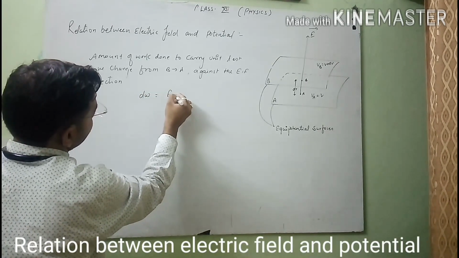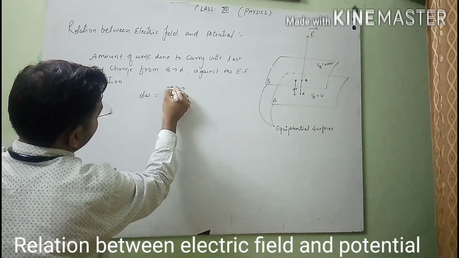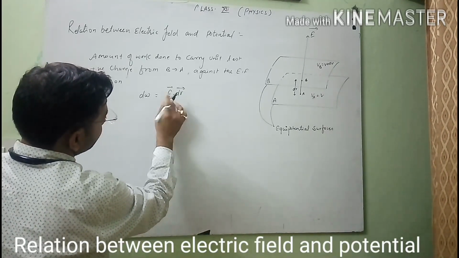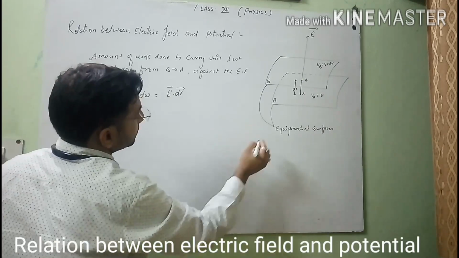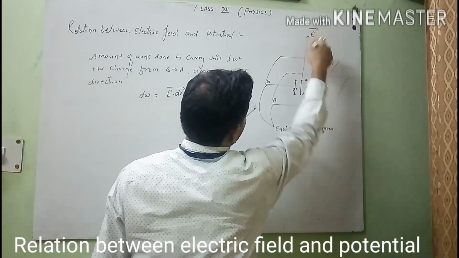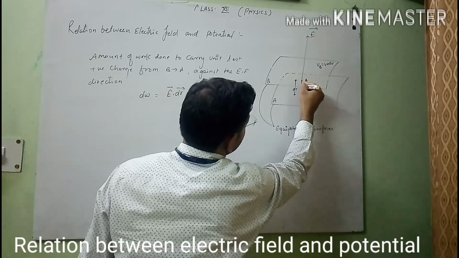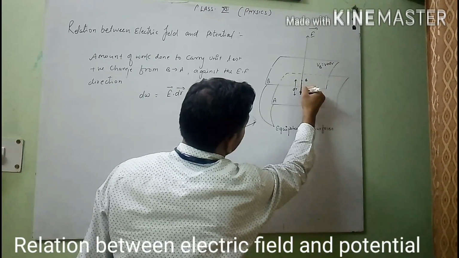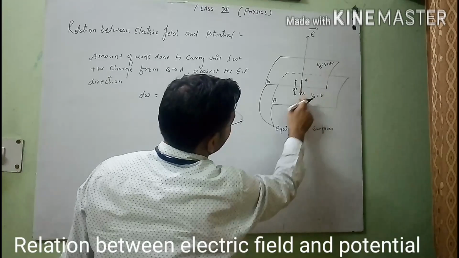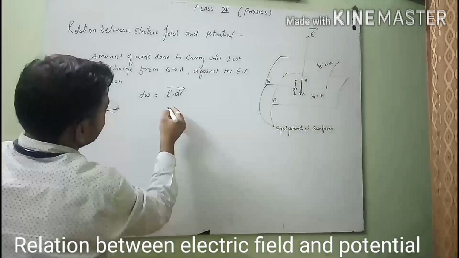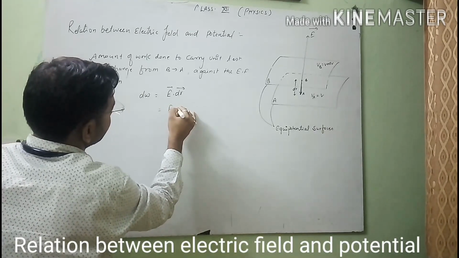dW is equal to E dot dr. Here the direction of E is along A to B, and we are carrying the charge from B to A, which is just opposite to the electric field, so it makes an angle of 180 degrees between them.